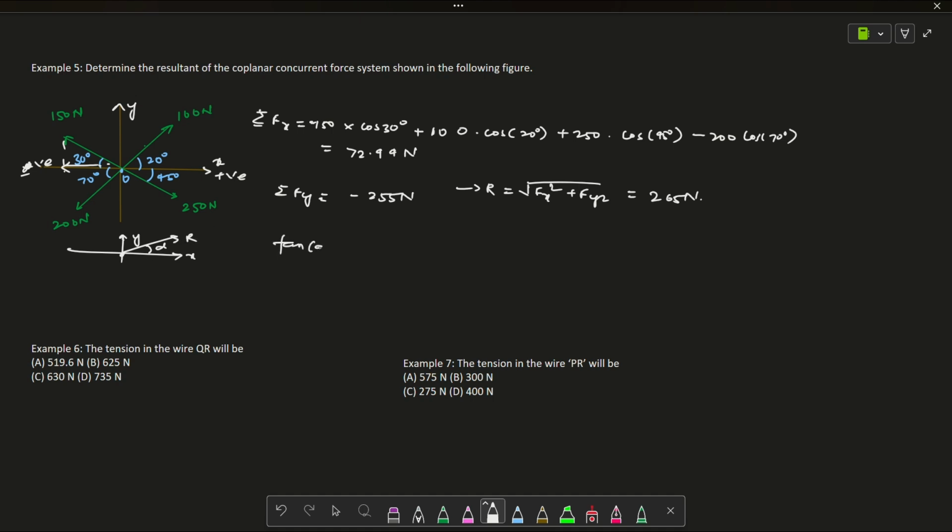So tan alpha is Fy upon Fx, so alpha equals tan inverse of Fy upon Fx, that is 255 upon 72.44. Since Fx is negative, the angle will change with the signs, and the answer would be 74 degrees.